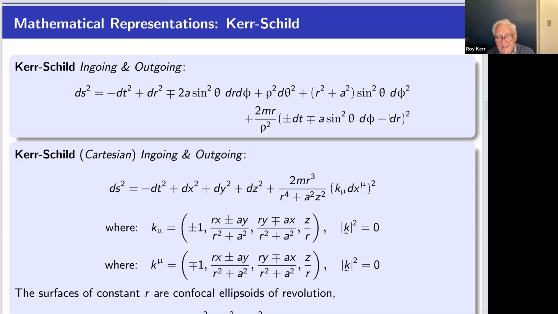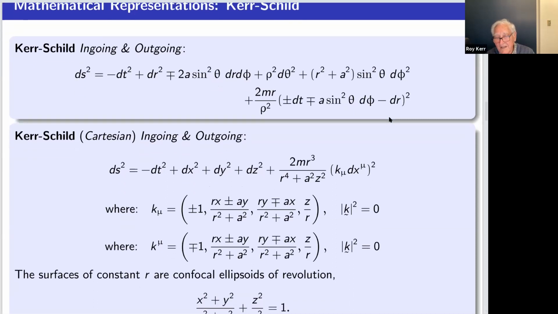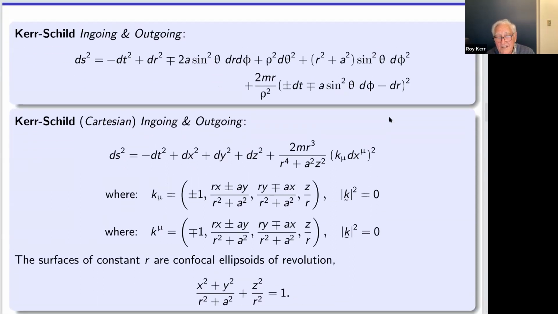Okay, notice they're very similar. The only difference between the ingoing and the outgoing form of the null vectors is the change in sign. One is going in, one is going out, and a appears to change sign.